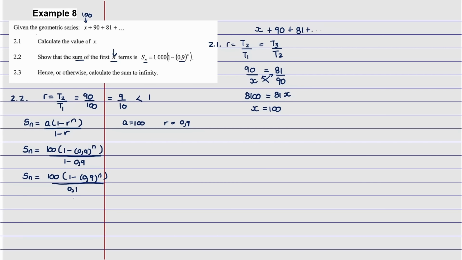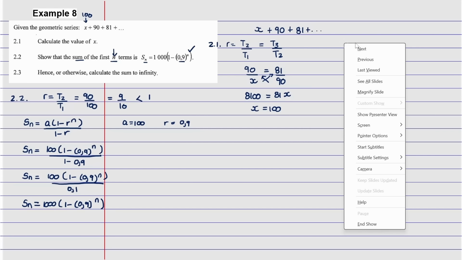Then you're going to have Sn equal to 100, open bracket, 1 minus 0.9 to the power n, divided by 0.1. Then 100 divided by 0.1, you're going to get 1,000. So Sn is equal to 1,000, open bracket, 1 minus 0.9 to the power n. And this matches up with what they want from us, right?